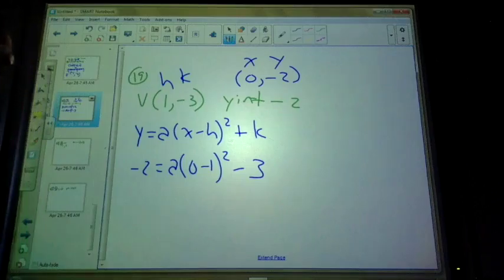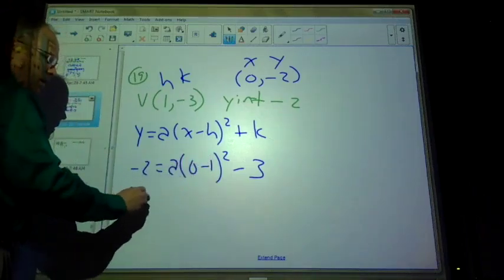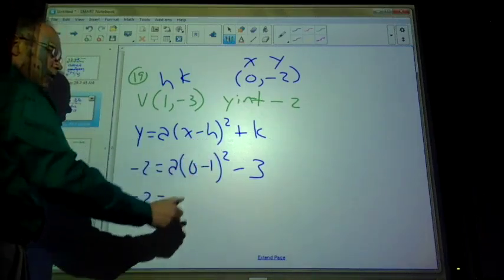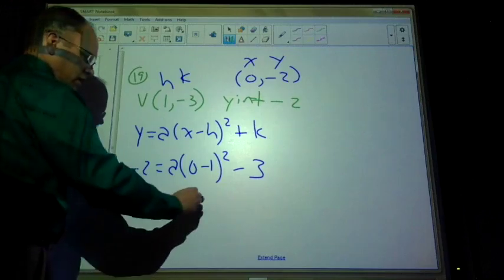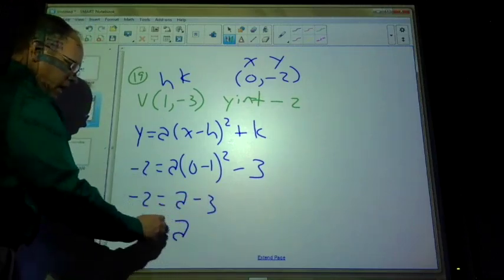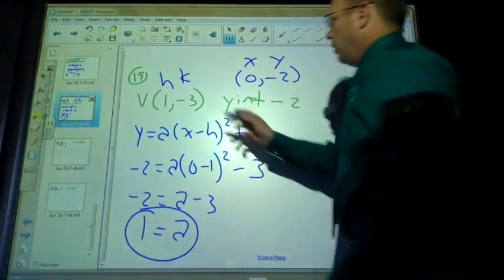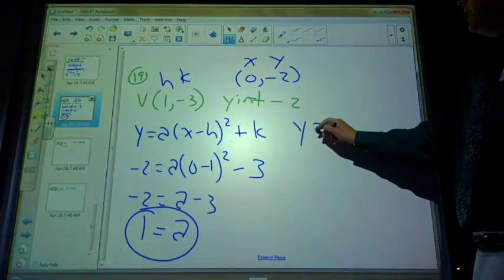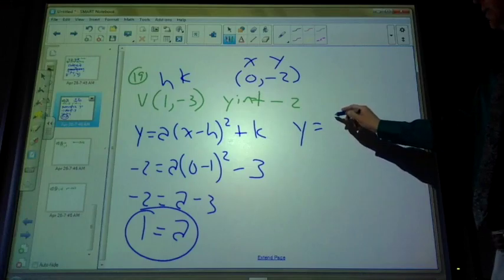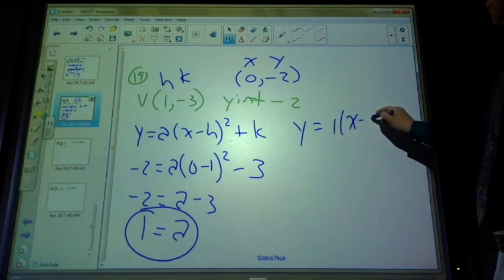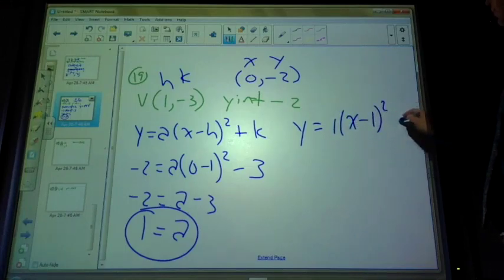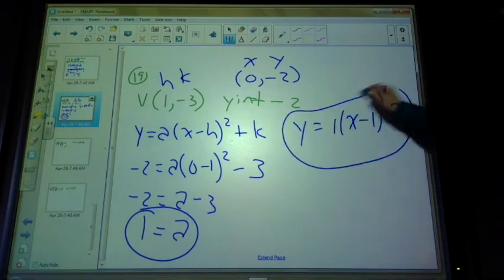Let's do the arithmetic there. -1 squared is 1, so I get 1a, which is a. So that gives me a is equal to 1. So my equation, going back to that, I'm going to plug my a and h and k in. So there's that equation.